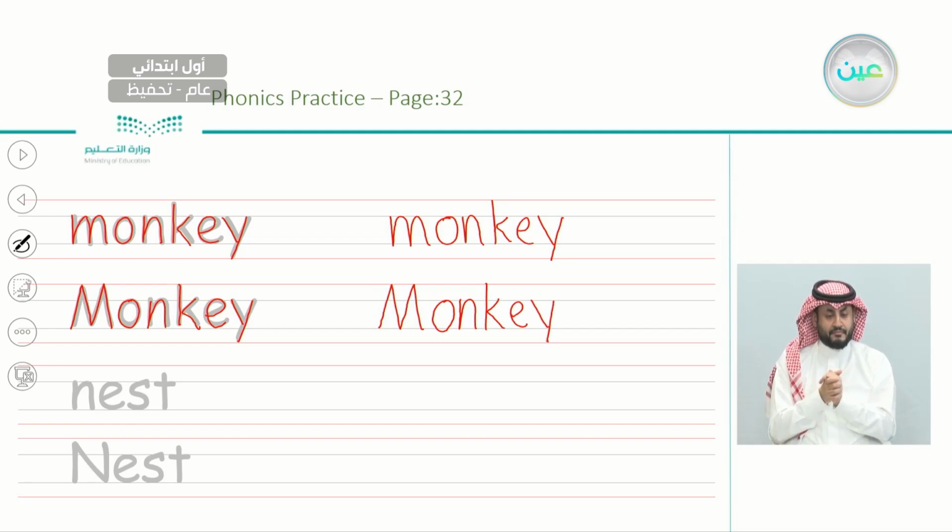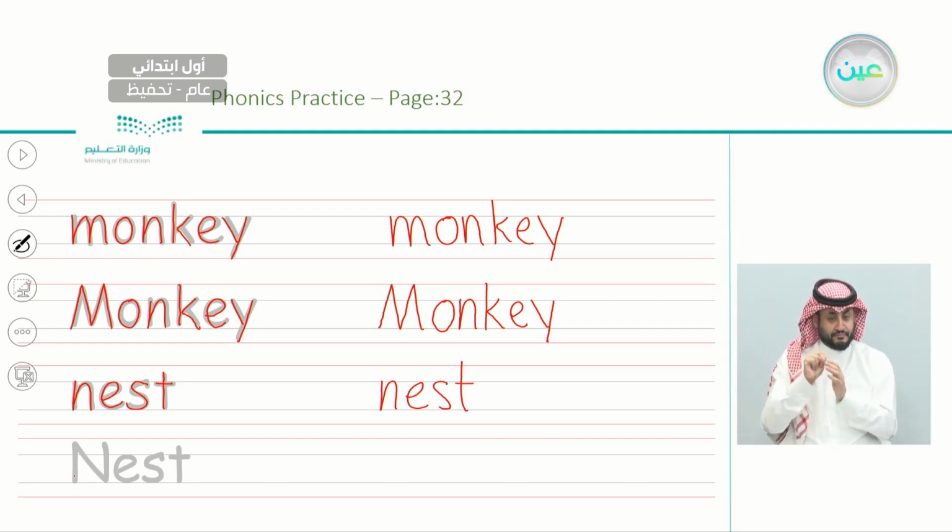Excellent. After that we have nest. Small n. N, E, S, T. Let's write it one more time. N, E, S, T. What about nest in capital N?